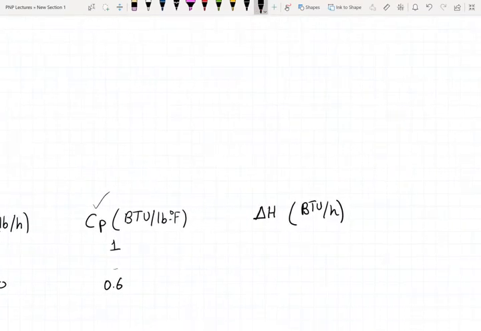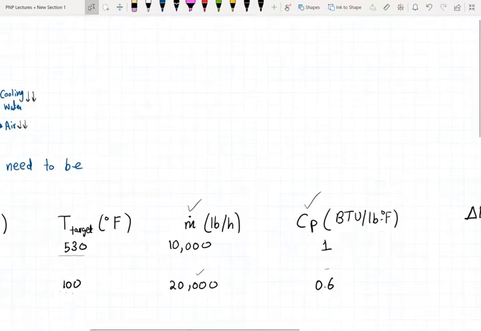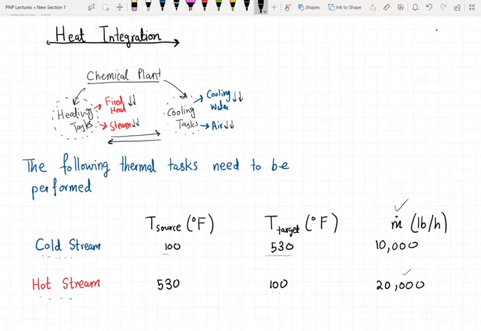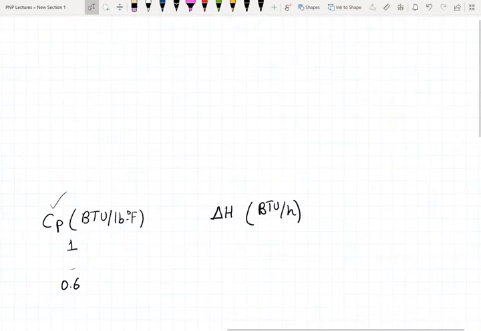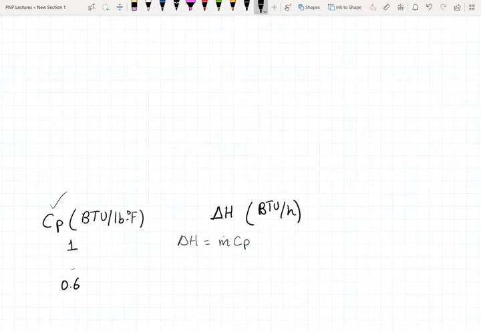Now the enthalpy change associated with this heating task, we can calculate by just applying the equation for the change in enthalpy, T target minus T source. We have our flow rate, we have our heat capacity, and we know our temperatures.